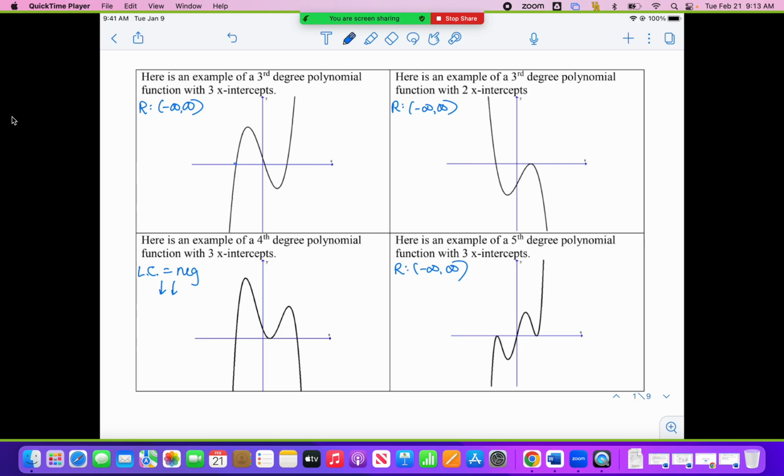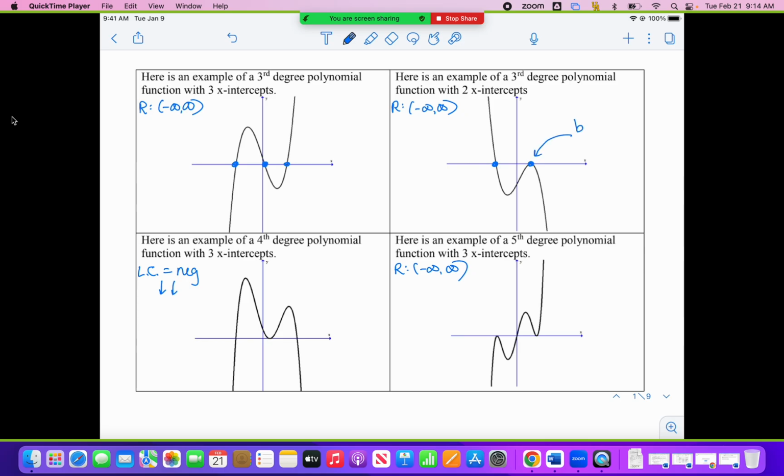All right, let's go through each one. Do you see there were 3 x-intercepts and the degree was 3? Here, I had only 2 x-intercepts, but it was a 3rd degree. So we have something.